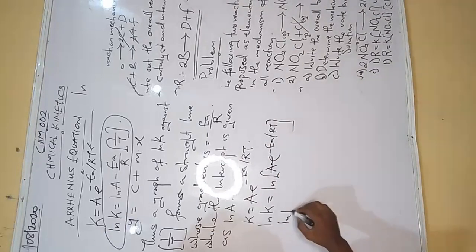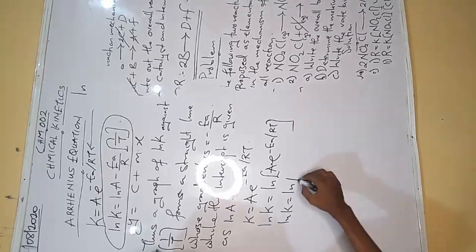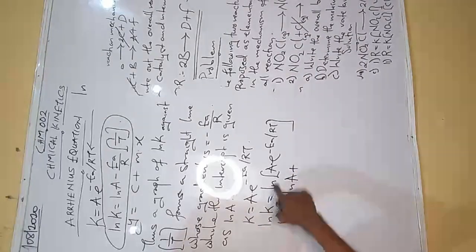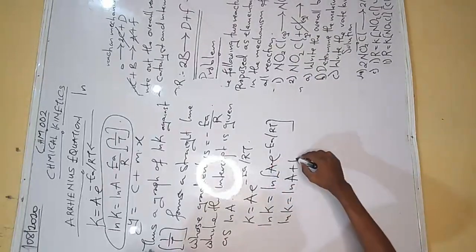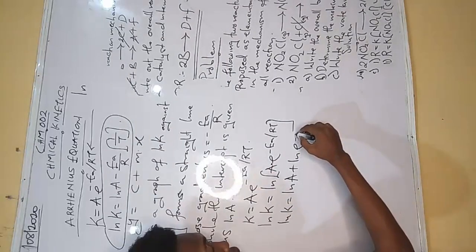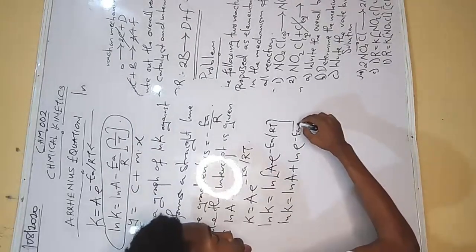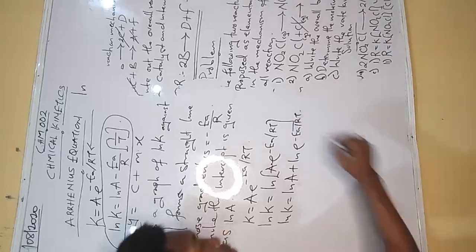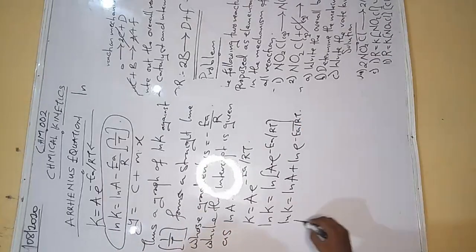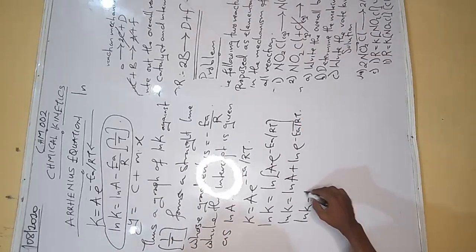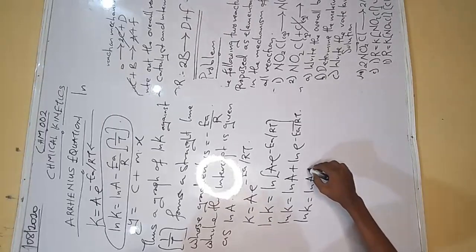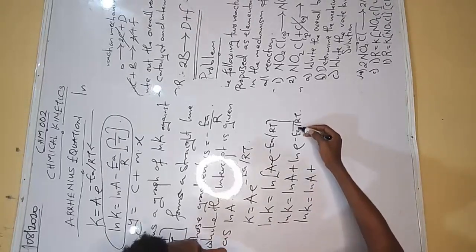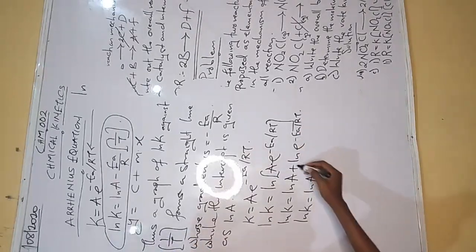So if you have ln k equals ln A plus ln e^(-Ea/RT). So we now have ln k is equal to ln A plus, remember in logarithm, the power here can come to the front.